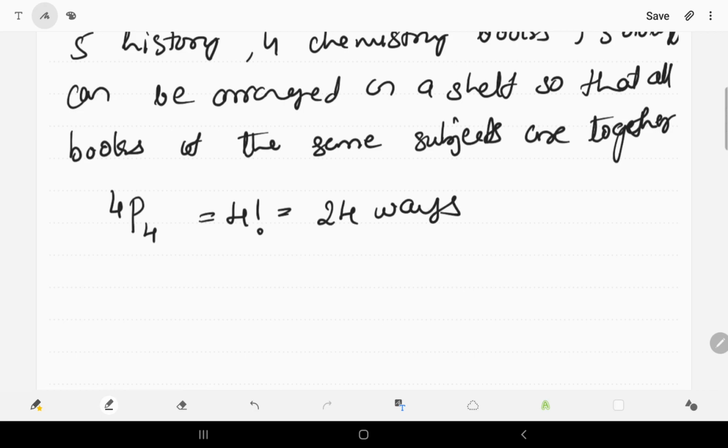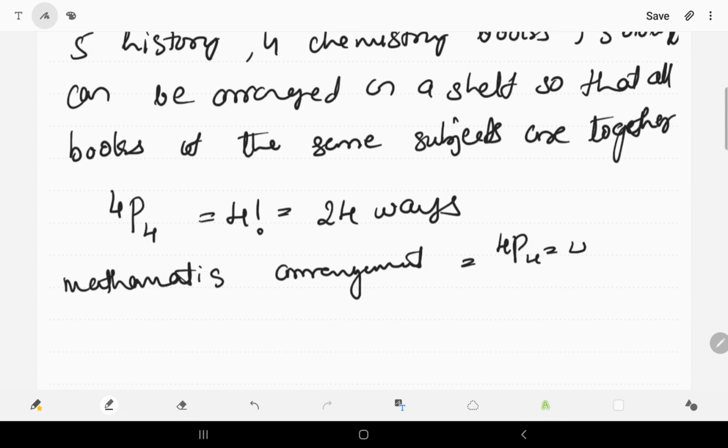Now in each arrangement, the 4 mathematics books can be arranged among themselves in 4P4, that is 4 factorial, that is 24.